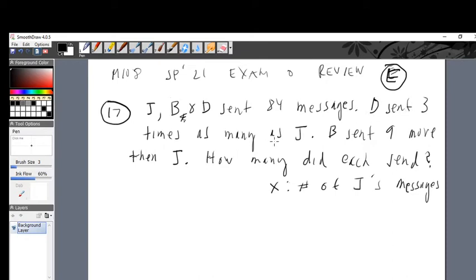D sent 3 times as many as J. I'm going to set up my equation below here. J sent X, so D sent 3X. How many did J send? Well, we just said it's X. So add those together so far.